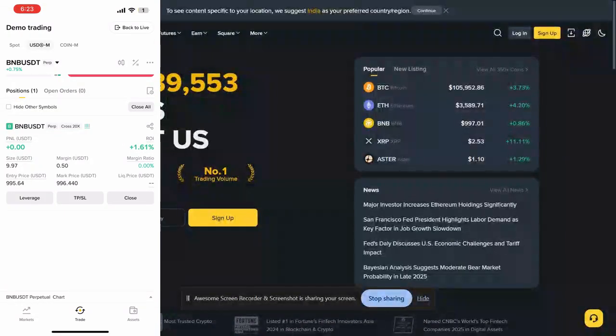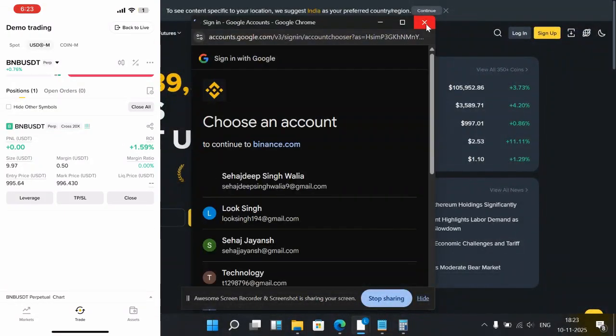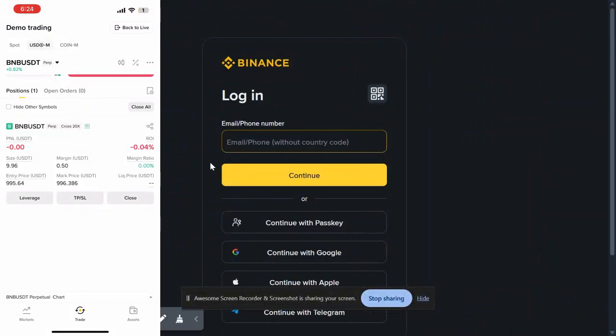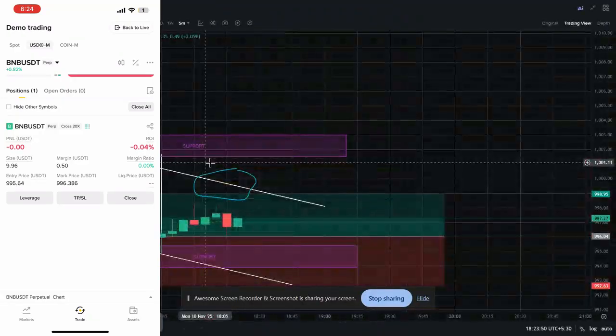Click on this Google icon and open any one of your accounts. I'm not going to open any accounts here, but you can open any account. You can even log in or sign up with your mail. Then you create the demo here, and I have guided you on how to do it. Otherwise, I will guide you in the next video on how to do a complete account setup for demo trading, so you can start with your demo trade here.